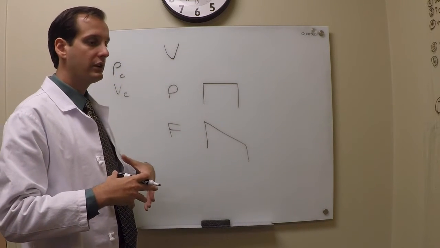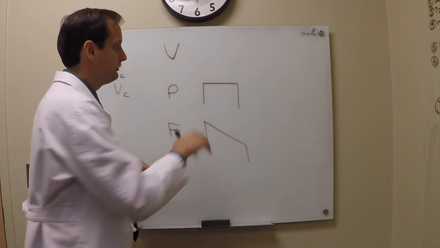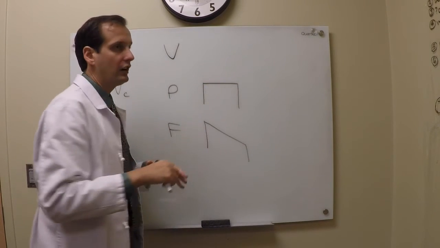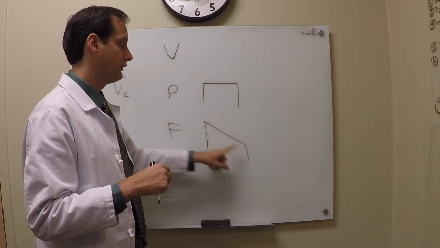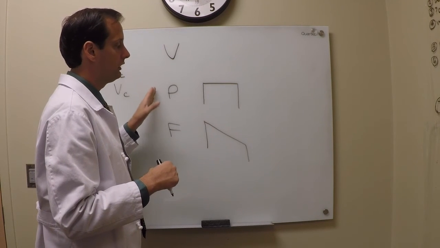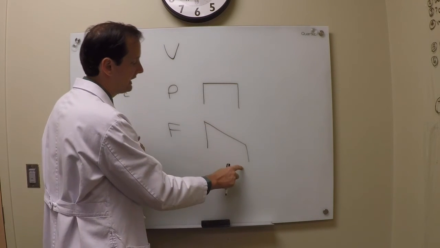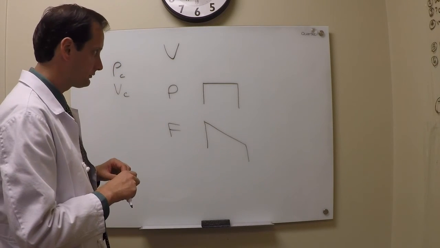So as you take a breath, you expand your chest, you run out of room, and the pressure gets higher and higher and higher. To maintain this pressure flat, I'm going to have to slow down the rate at which air is going in. And the less compliant your lung is, the steeper this downward graph of flow is going to be.